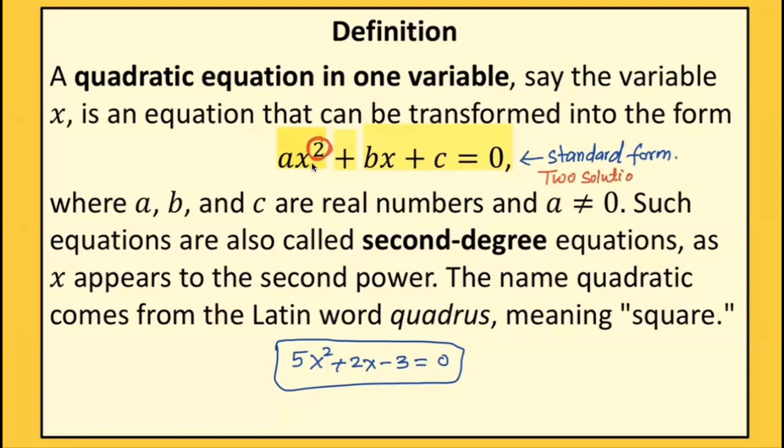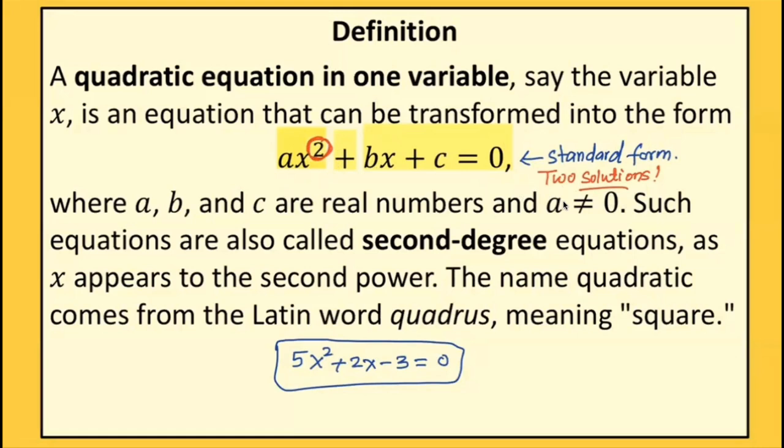In general, if we solve this equation, we are going to get 2 different answers. That is the standard form, with a, b, and c. Because of the highest power 2, this is called a quadratic equation, and by solving it, we get 2 solutions.